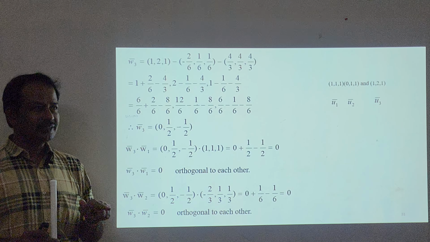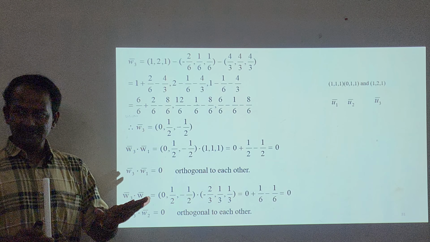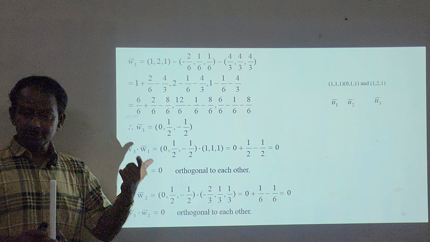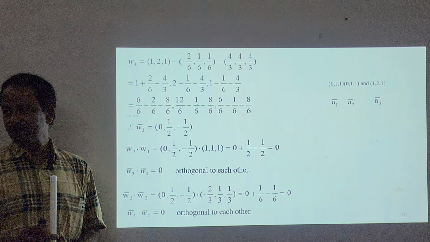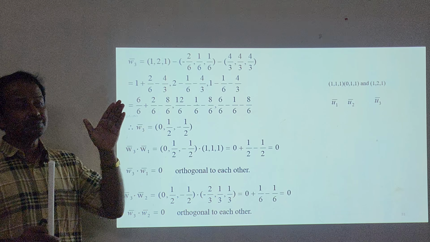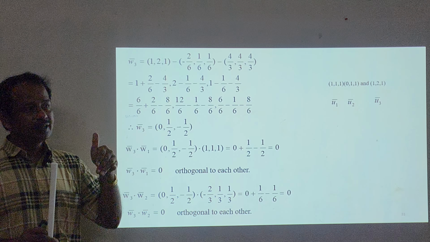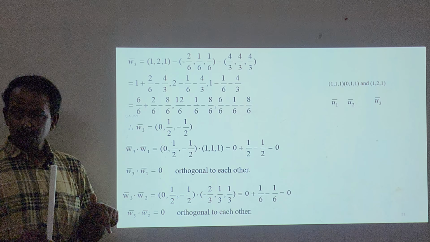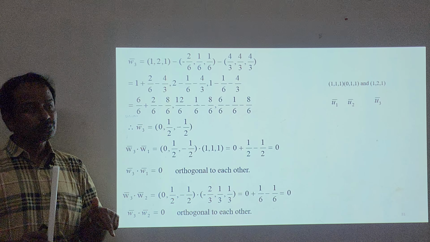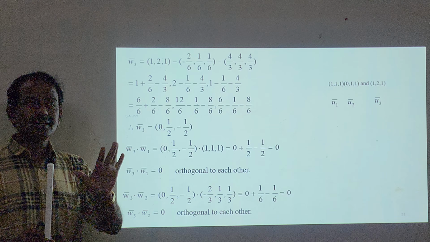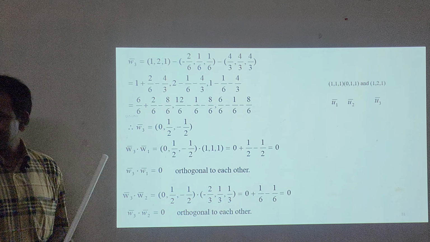Now you can check whether W2 is perpendicular to W1 or not. Similarly, you can also check whether W3 is perpendicular to W1 or not. They are perpendicular. So we started with U1, U2, U3, which are not orthogonal, whereas the values W1, W2, W3 obtained through the Gram Schmidt process are orthogonal to each other. It's very clear.